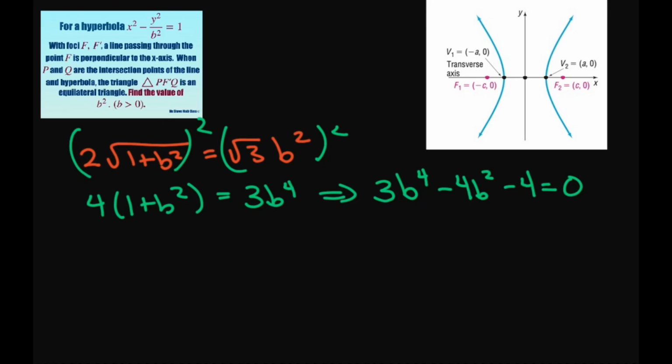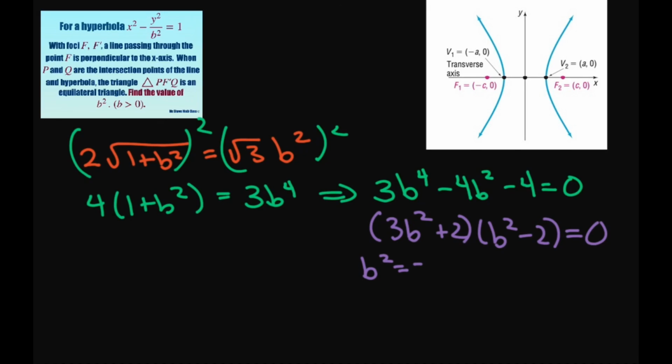I can factor this as 3b squared plus 2 times b squared minus 2 equals 0. So we have b squared equals negative 2/3, or b squared equals 2.